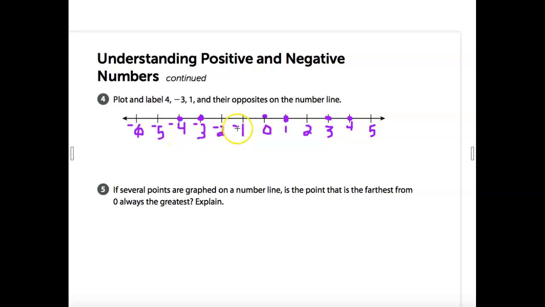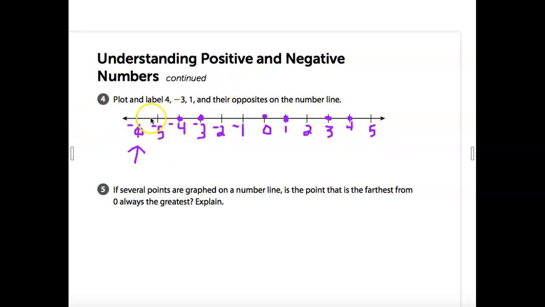So let's look, it says if several points are graphed on a number line, is the point that is the farthest from 0 always the greatest? Well, remember, look, here's 6, or -6, I'm sorry. And even though 6 is a bigger number than 5, it's negative, so it's actually smaller.